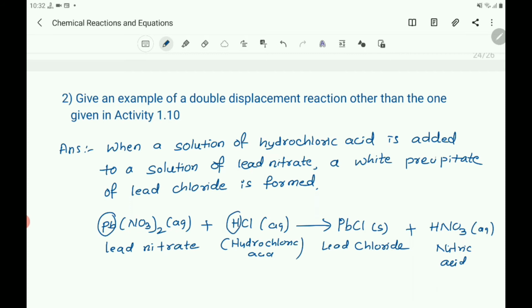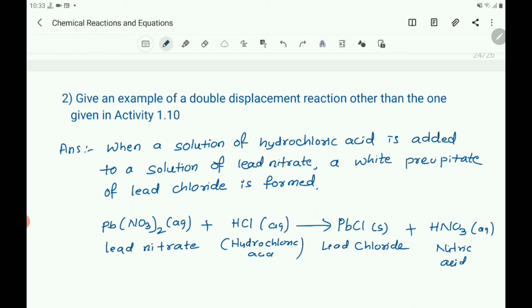So here PbCl2 it is, and you know that hydrogen chloride is converted into lead chloride and lead nitrate is converted into HNO3, hydrogen nitrate, that is nitric acid.